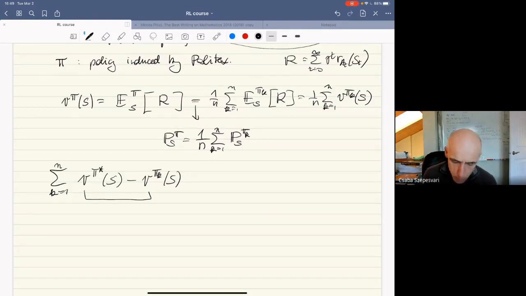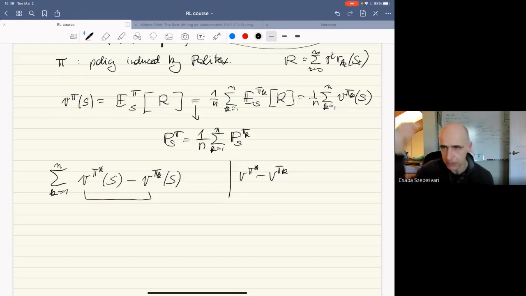So if we see value differences, what's the reaction? You see differences of values of policies. What jumps to mind? I hope something jumps to mind.